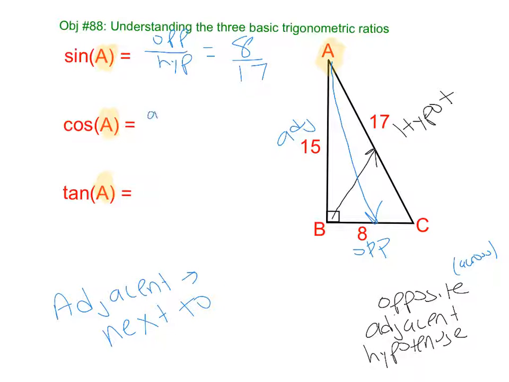Cosine is the adjacent over hypotenuse. What's the adjacent side? So that was the 15 over the hypotenuse was 17. And then tangent is opposite over adjacent. Opposite over adjacent, the opposite side is 8. Adjacent side is 15. And that's it. We are just writing down these ratios.